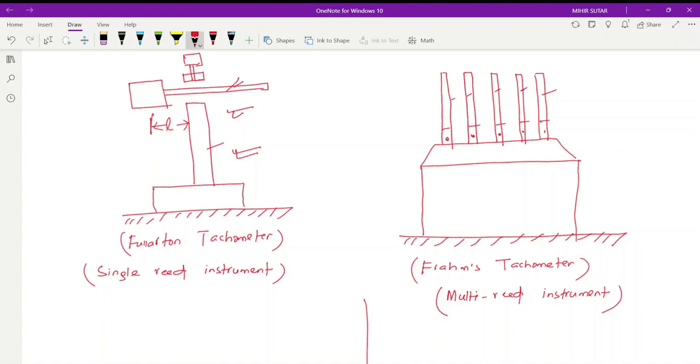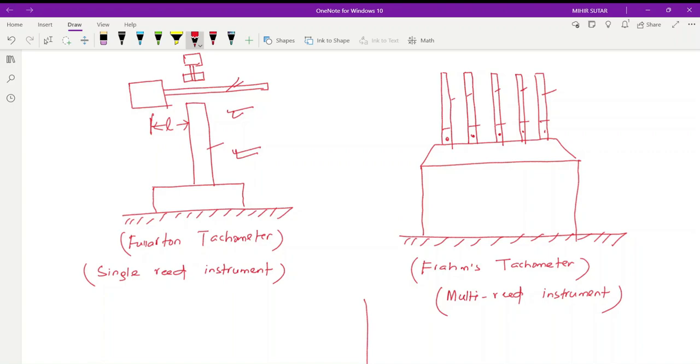The natural frequencies of the set of reeds are adjusted to give a definite series of known frequencies. When this instrument is attached to the body for measuring vibration, the reed whose natural frequency is nearest to the excitation frequency vibrates near a resonant condition and has a large amplitude of vibration.